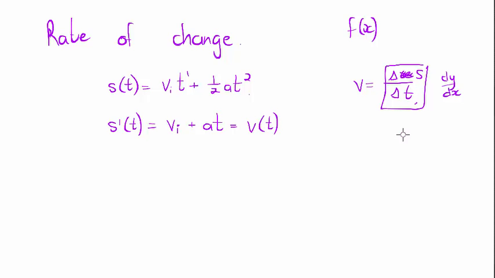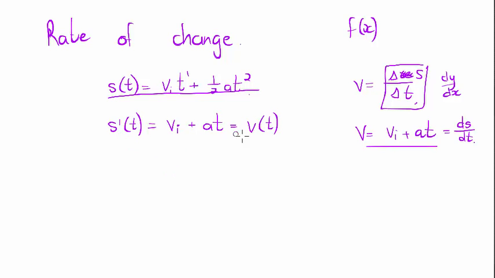This is average velocity, by the way, and this is instantaneous velocity: take your initial velocity plus your acceleration times time. You get it? So this is instantaneous velocity. In other words, it is ds over dt, the derivative of the displacement.